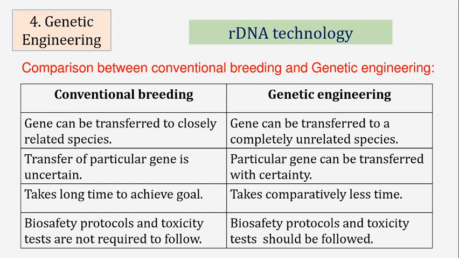And in conventional breeding, there is a benefit, that is, biosafety protocols and toxicity tests are not required. That means in the conventional breeding process, there is no risk of producing unwanted proteins or toxic proteins in the plant.